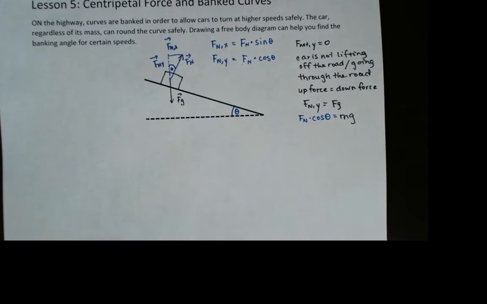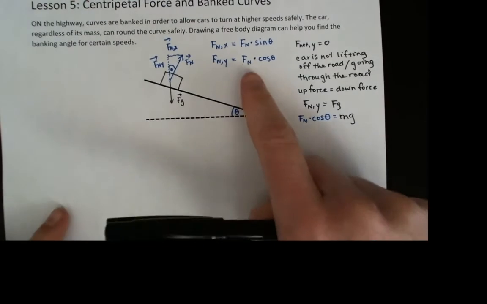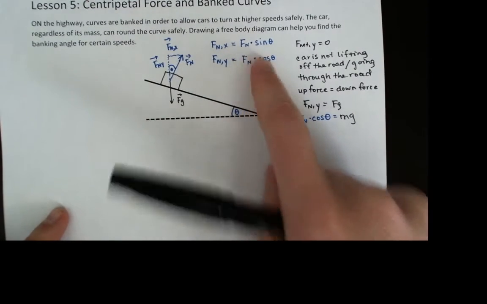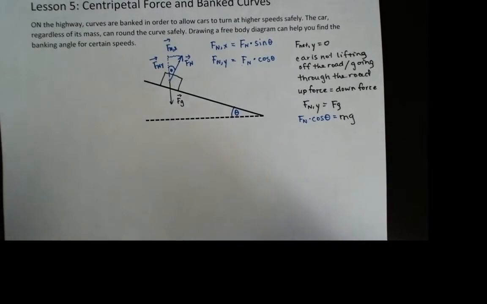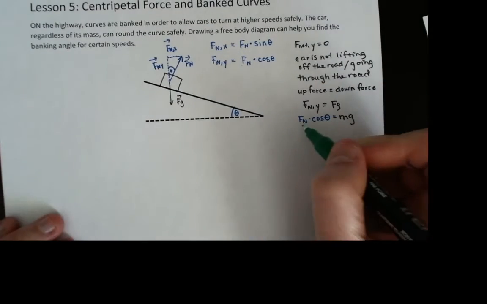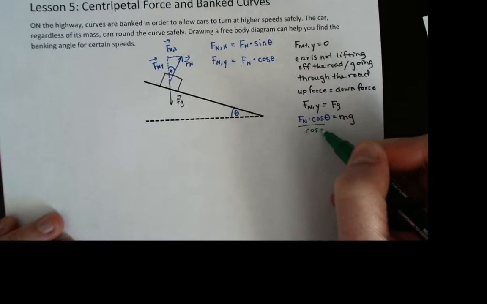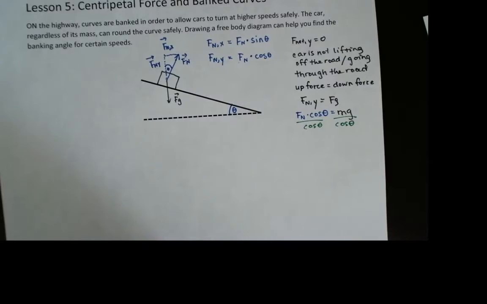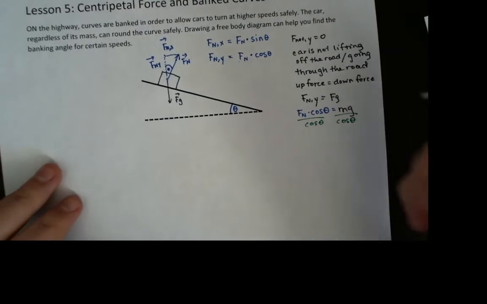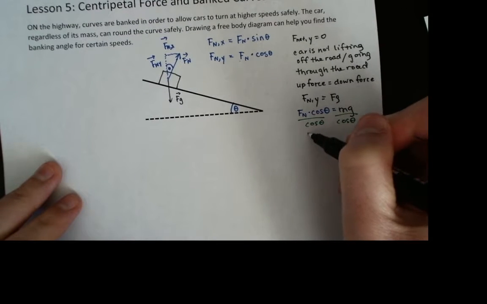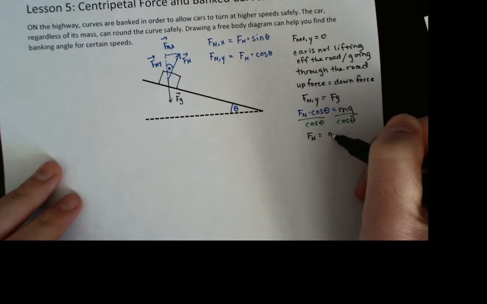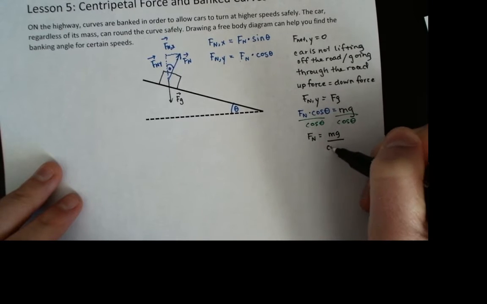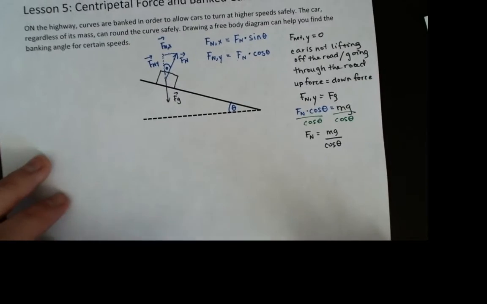To have an equation that expresses what the normal force is, because so far anytime we've seen normal force it's been attached to either sine or cosine, we divide both sides by cos theta. We get that the normal force is equal to mass times gravity divided by cos theta.